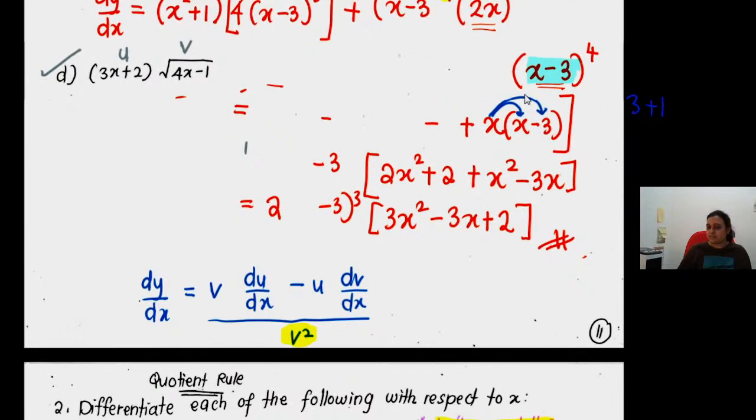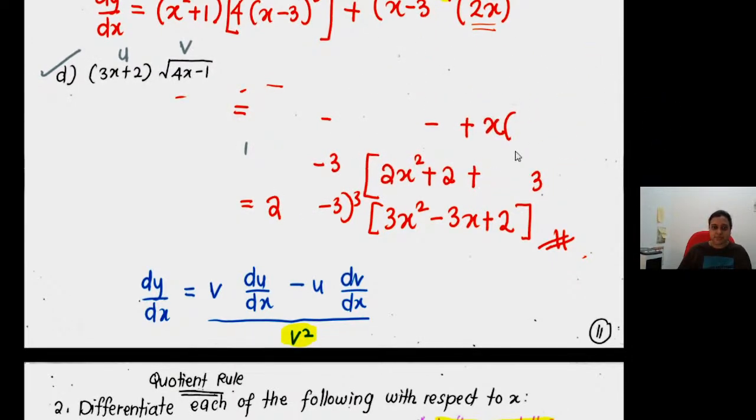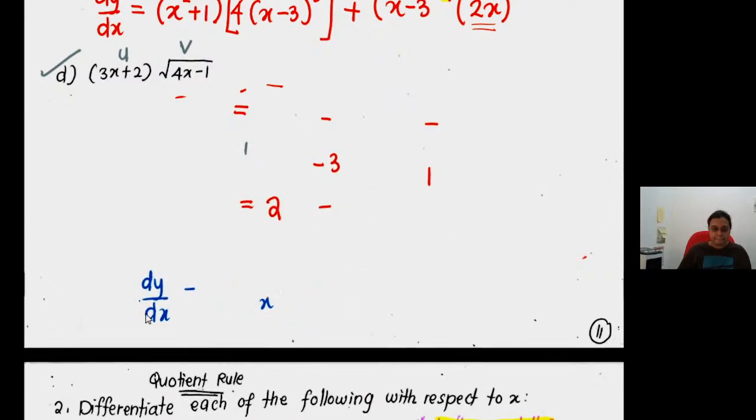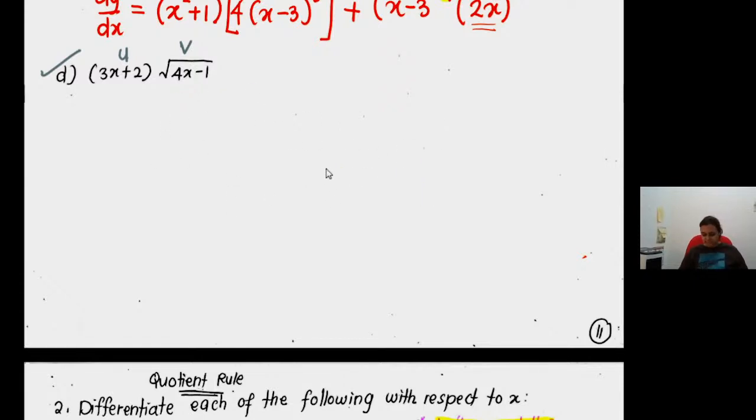Which page? Differentiation. You can keep the page beside you, then you can check whether the answer is the same or not.